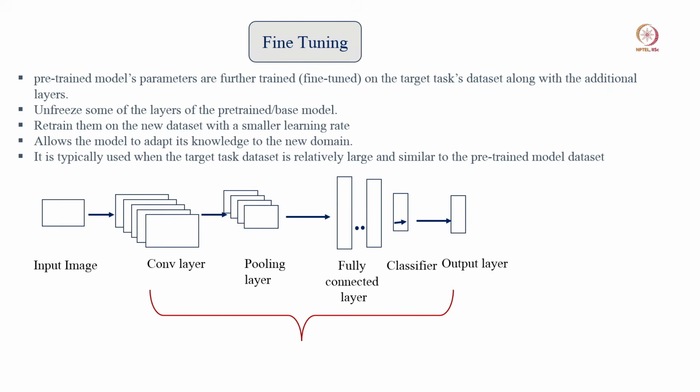This is done in cases where the target task data set is relatively large. If we do the same thing with a task dataset which is very small, it will overfit. But if we have a relatively large dataset similar to the pre-trained model's dataset, in that case we can do the fine tuning. So, these are the trainable layers in case of fine tuning.